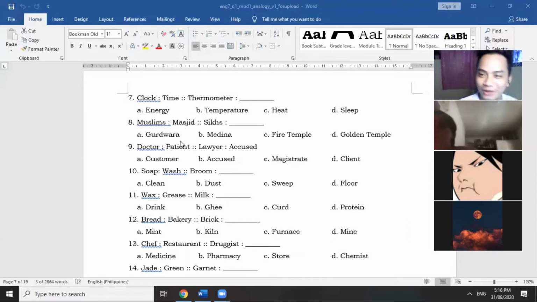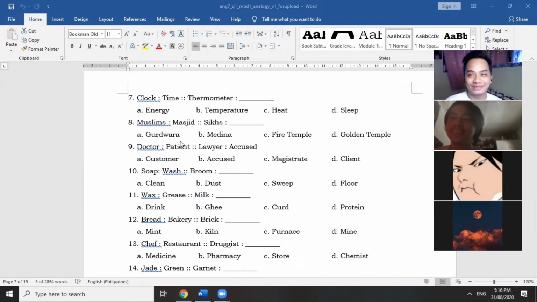So where do you think Sikhs go? I know you would learn something from this session. I do not certainly know where they go, but if I have to take a guess, it would be A. Very good. Gurdwara. So Gurdwara is what you call the temple for the Sikh people.